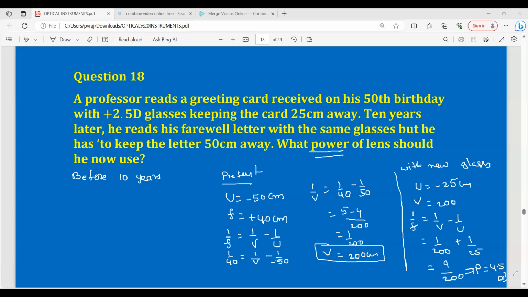But after 10 years, what happened? He has to keep the card or something at 50 centimeters only. Then only he can see the image somewhere. So that means what is the object distance? -50. And the focal length of the lens he is using, that is 2.5 diopter, so focal length will be 40 centimeters. Then at what distance can he really see the image?